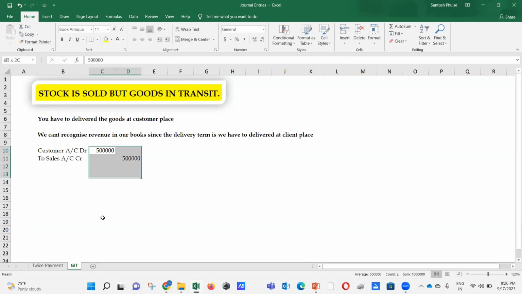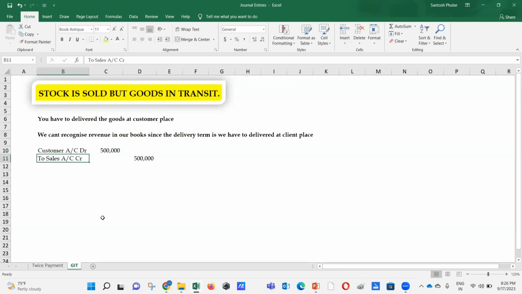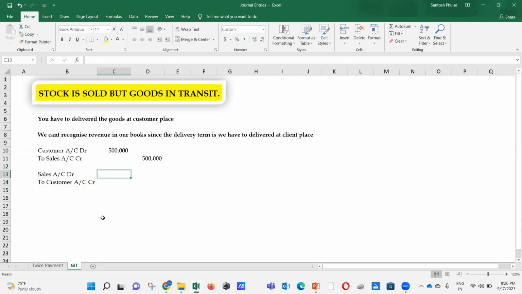If it's 5 lakh, then the next entry, from an R2R standpoint, is that we first do sales account debit to customer account credit, 5 lakh to 5 lakh.